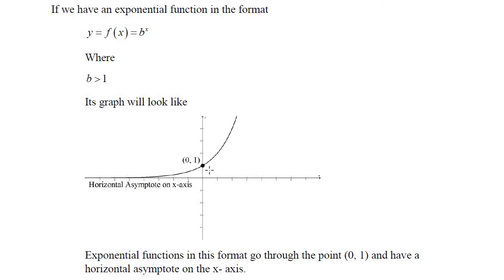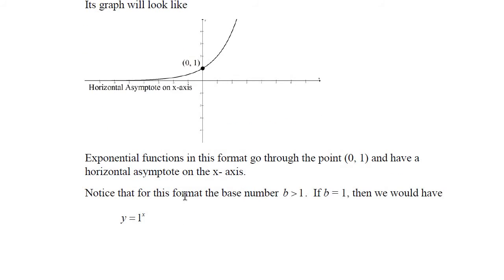Notice that this graph hits my y-axis at the point (0, 1), and I have a horizontal asymptote along the x-axis. So any exponential function in the format of b raised to the x exponent, where b is larger than 1, will look like this.